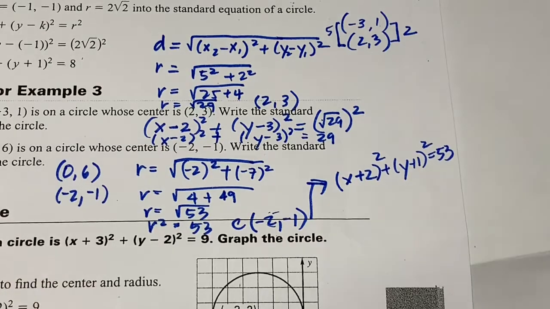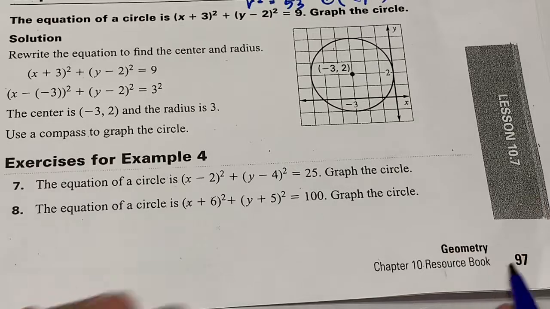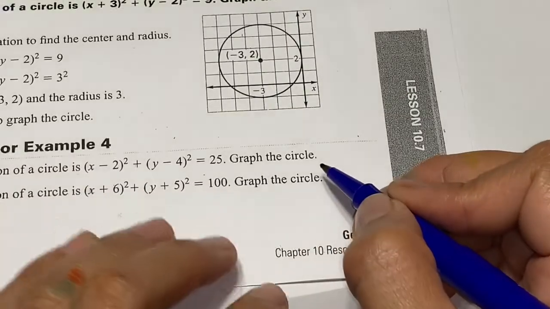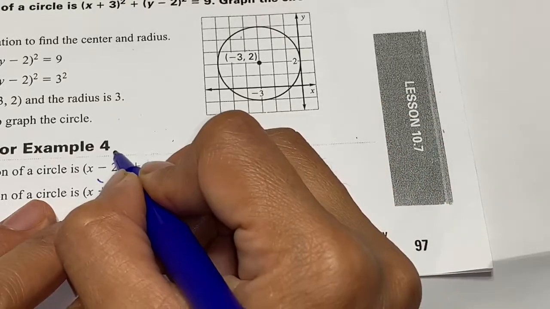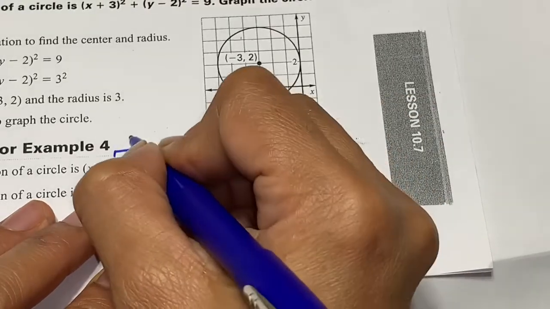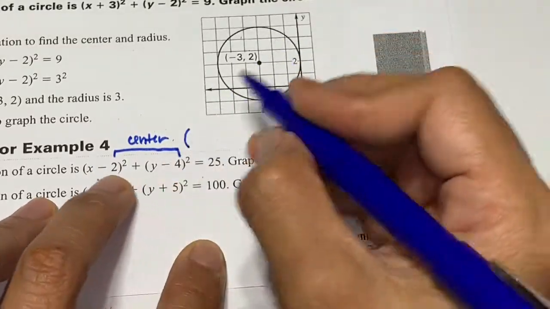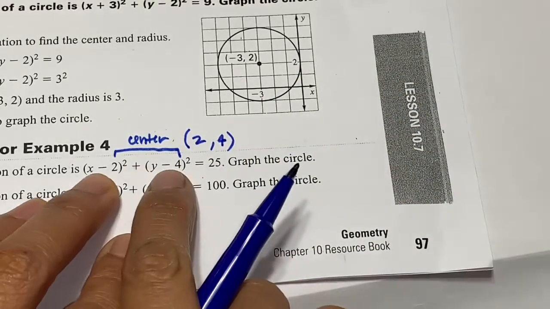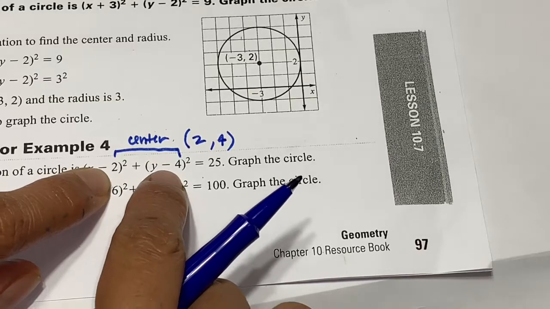Okay, last one is to graph. How do you graph it? Okay, so of course when we graph, we need the two important pieces of information, which are the center and the radius. So if this is your equation, this is your center, right? So center is 2, 4. Again, switch the sign when you pull it out.